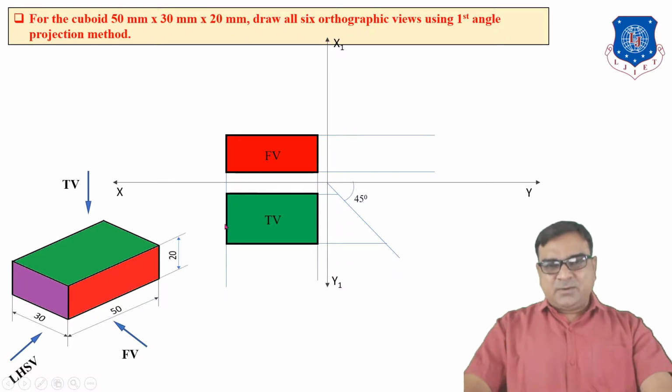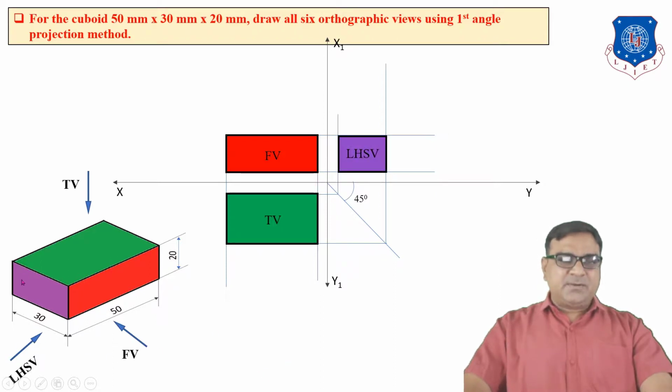Now you have to project or draw horizontal line from every corner from top view. Then draw the vertical lines. These are known as projection lines. And from front view, draw horizontal lines. The intersecting points represent the side view.